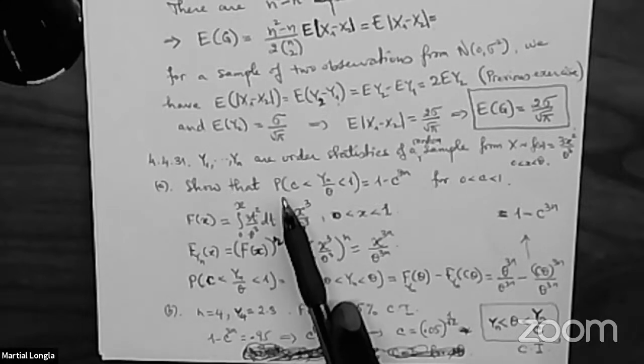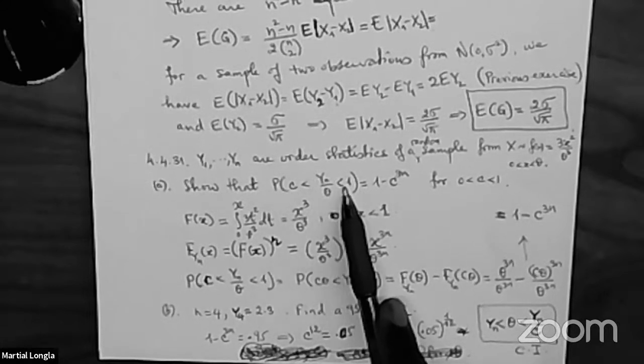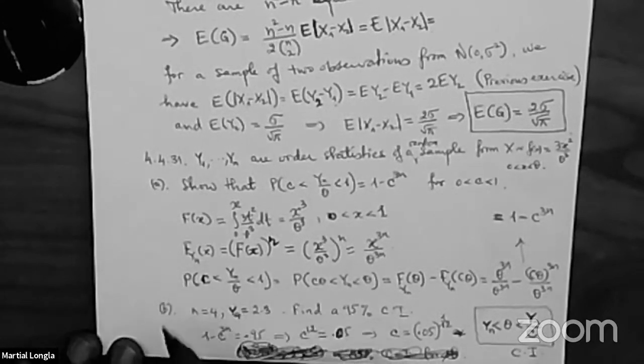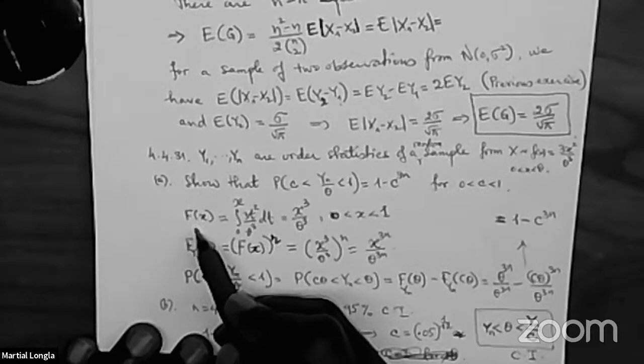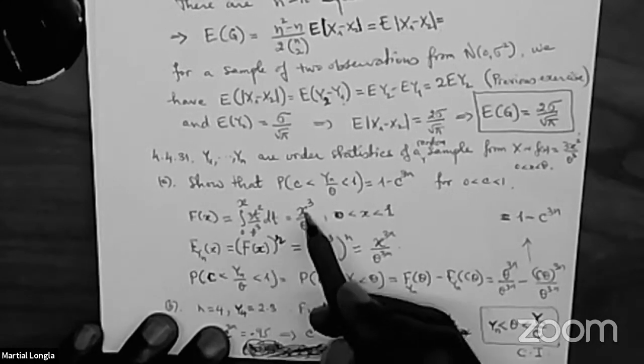And then you need to show that the probability that c is less than yn over theta less than 1 equals 1 minus c to the power 3n. How's that? Well, first of all, we find the CDF of x. That CDF is x cubed over theta cubed when x is between 0 and theta.